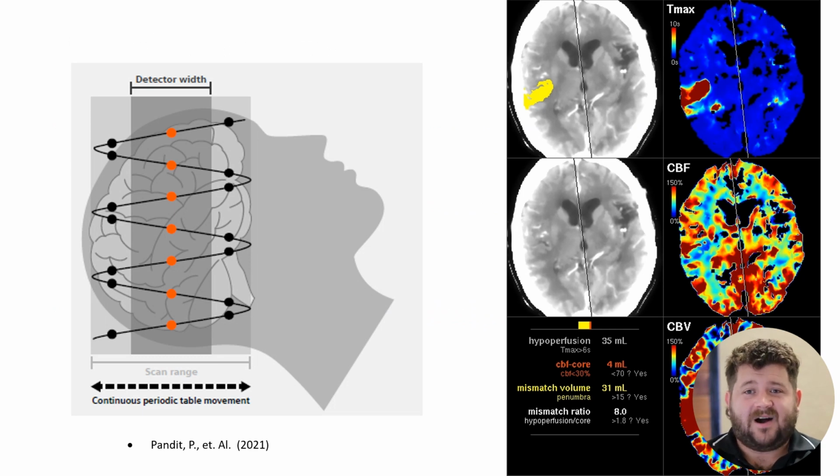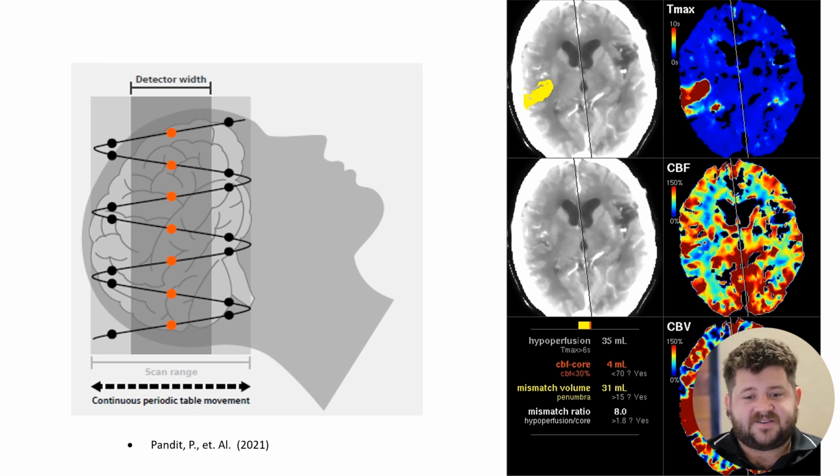Okay, so what are we looking for when we scan a brain perfusion? The cerebral metabolic needs are highly dependent on continuous blood supply. So with blood flow interruption, brain function is impaired within seconds and irreversible damage can occur within minutes. When we talk about the term perfusion, we're talking about the process that involves the delivery of oxygen and nutrients to our brain tissue while simultaneously removing carbon dioxide and waste through the network of vasculature within our brain.